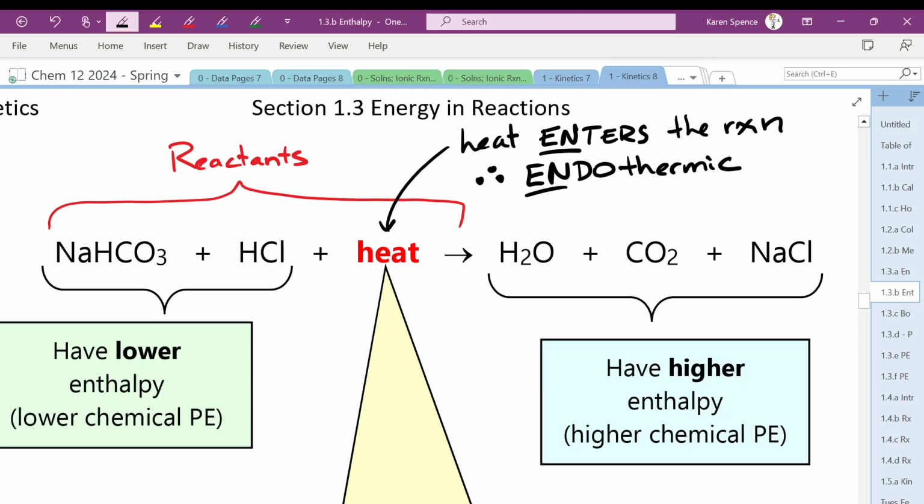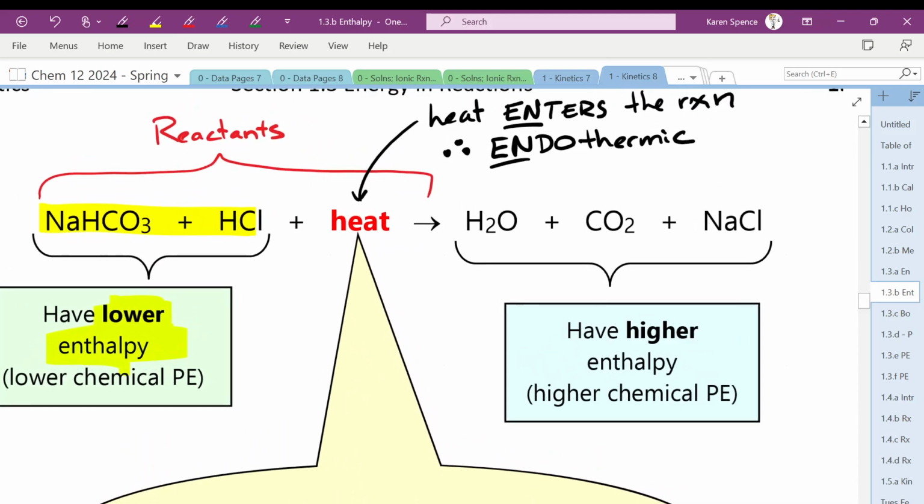Is this going to feel hot or is this going to feel cold? It's going to feel cold. And your reactants have lower enthalpy, lower potential energy. And the products, because we put in that extra heat, and what happens to the heat when it goes in?